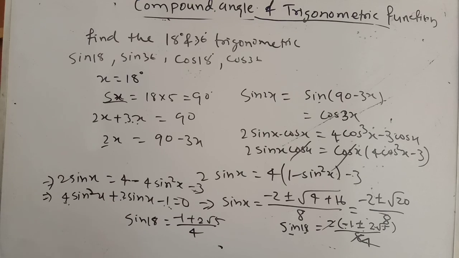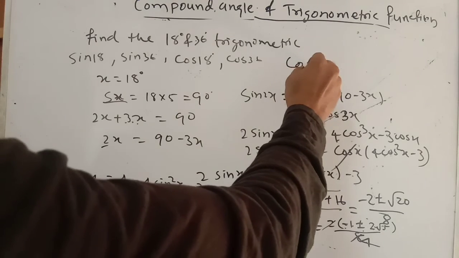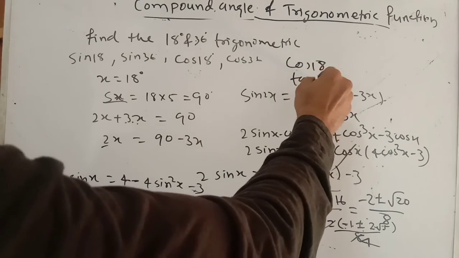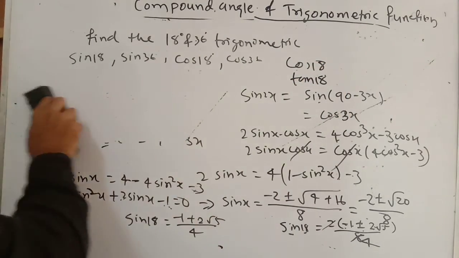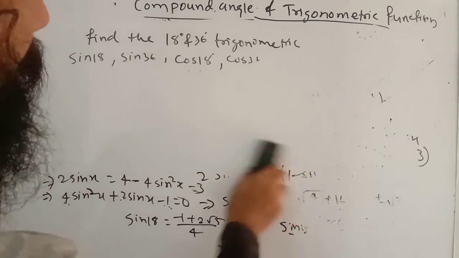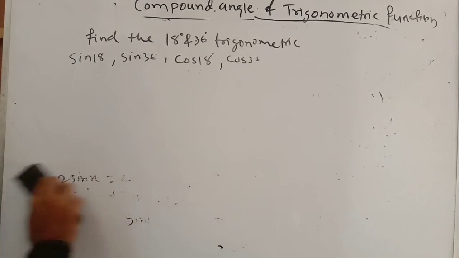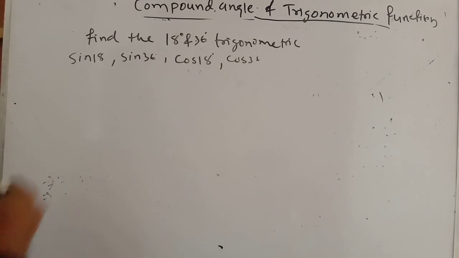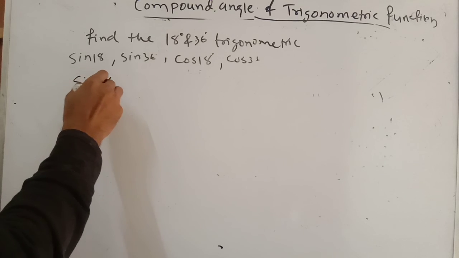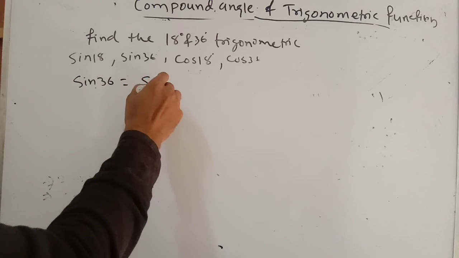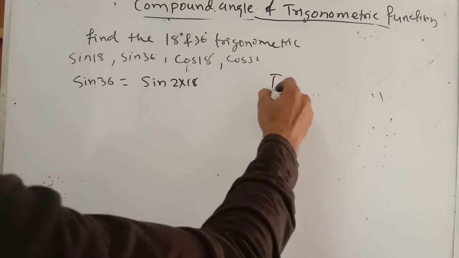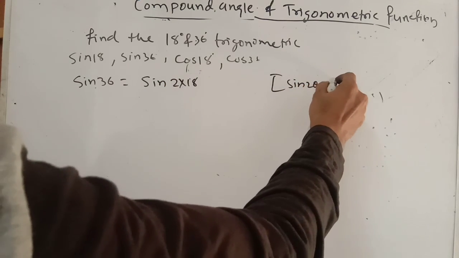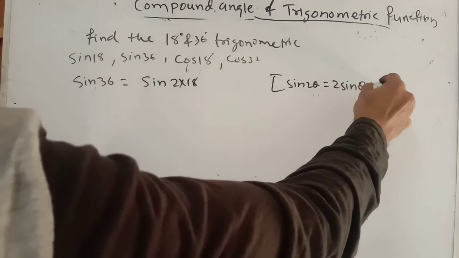Okay. Similarly you can find cos 18, okay, tan 18. Okay, so now I am going to discuss sin 36. So sin 36, you can break it as sin 2 into 18. So already told sin 2 theta equal to 2 sin theta into cos theta.